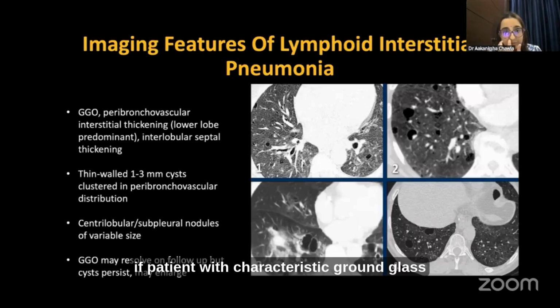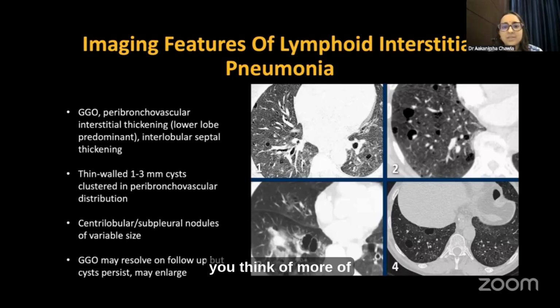So a patient with characteristic ground glass in the background with presentation of cysts, you think of LIP or DIP. With a characteristic history of associated autoimmune disease or a retroviral disease, you think of more of LIP as the underlying diagnosis.